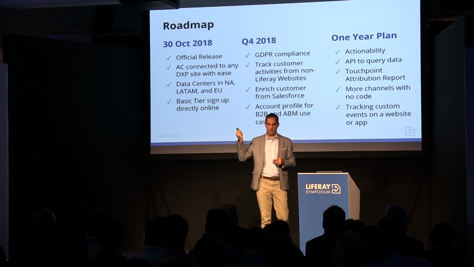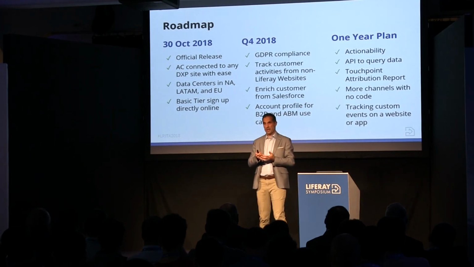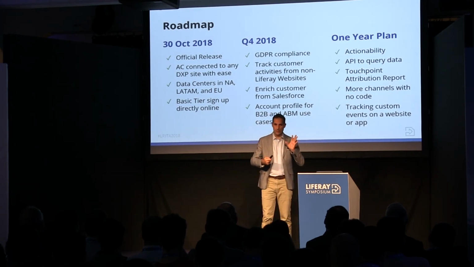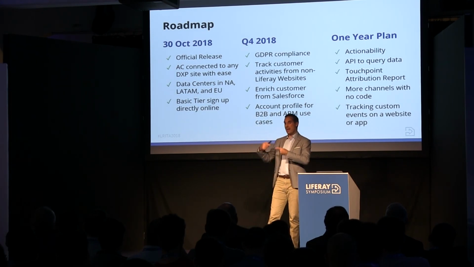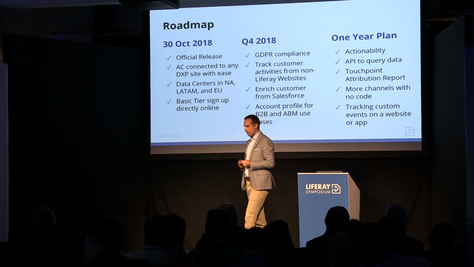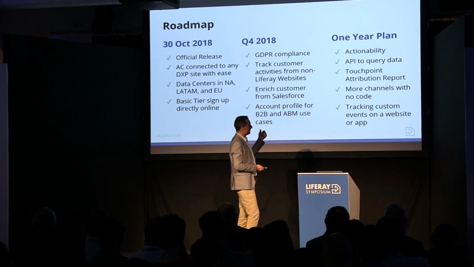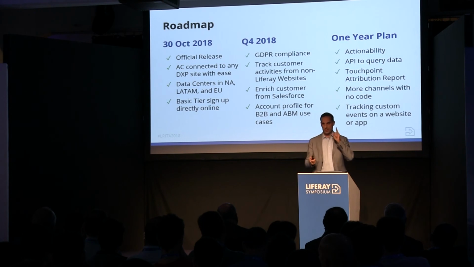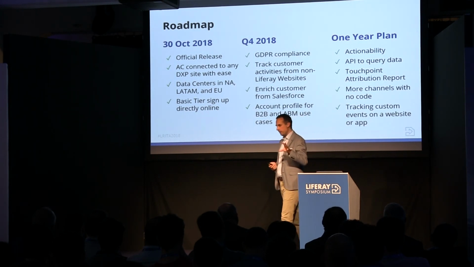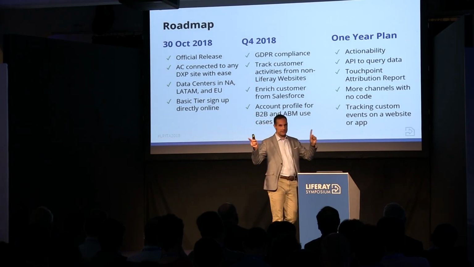What about the one year plan? What about next year? Remember that this is software as a service, so it's easier for us to improve it and add new capabilities every month, every 2 months. We'll be adding these kinds of things, like actionability. This is something that we're going to focus on for next year. With 7.2, remember Rui talking yesterday about audience targeting and Analytics Cloud.